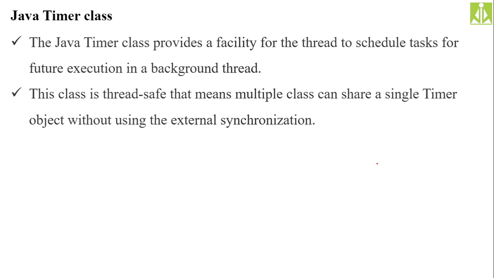It is thread safe, so all the threads can simultaneously access the object's functionality, and there is no need for synchronization. The object is thread safe in the sense that multiple threads can access it without collision or errors. Java itself provides the synchronization mechanism, because that class is a thread safe class.